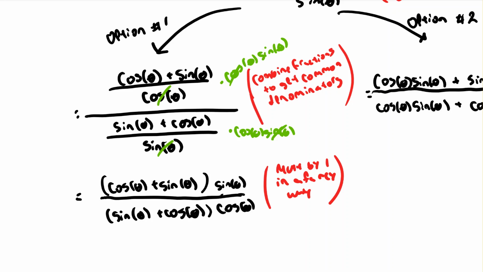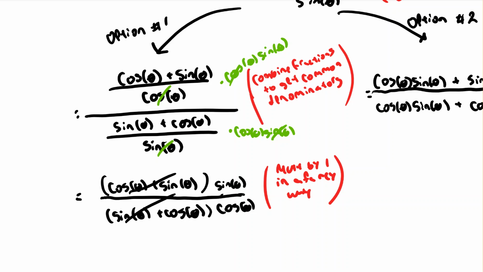My cosine will cancel out the cosine of the numerator, my sine will cancel out the sine of the denominator, and I'll still be left with the sine and cosine up top. But moreover, what were the numerators before are now factors in the numerator and denominator. Cosine theta plus sine of theta, since addition is commutative, is the same thing as sine of theta plus cosine theta.